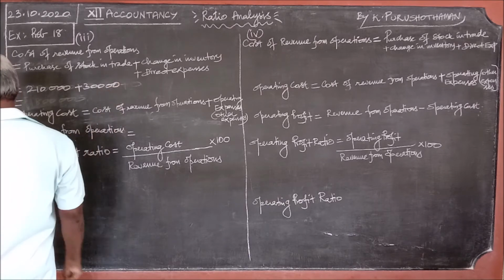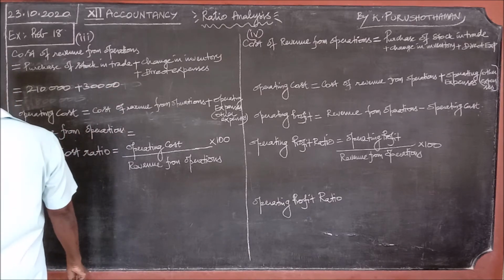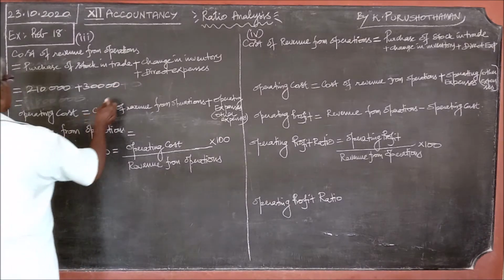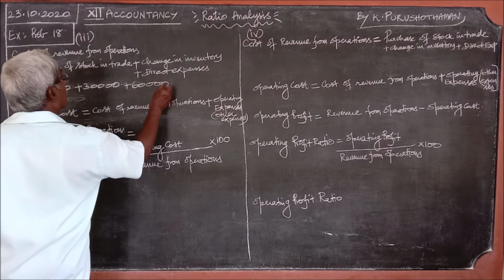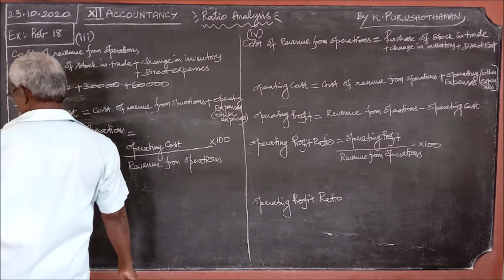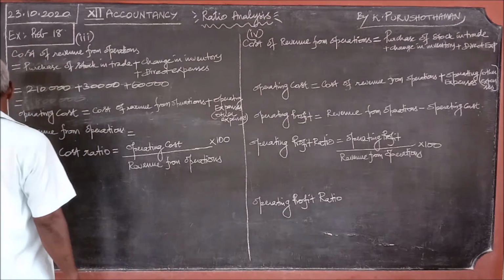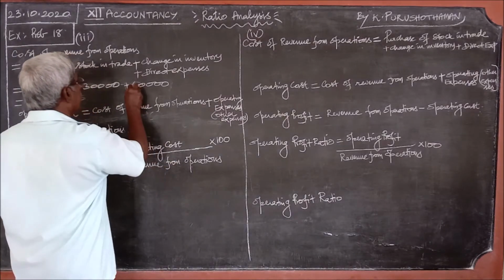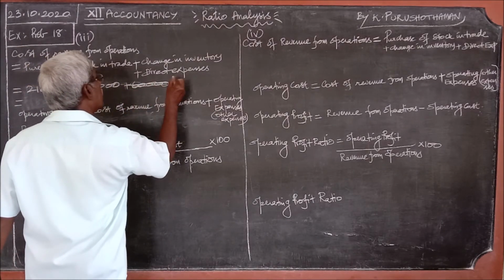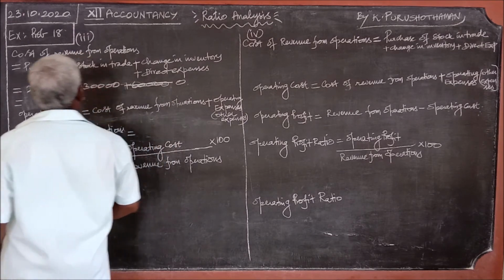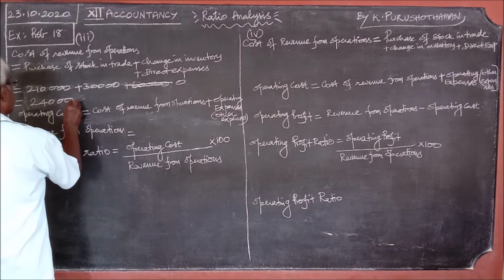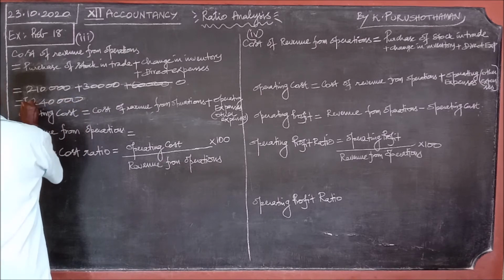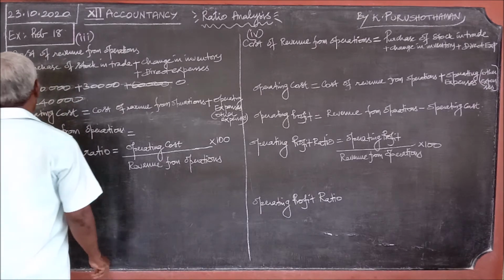Then other expenses 60,000. Direct expenses are not given, therefore it is 0. Now we can add and write 2,40,000. This is the cost of revenue from operations.